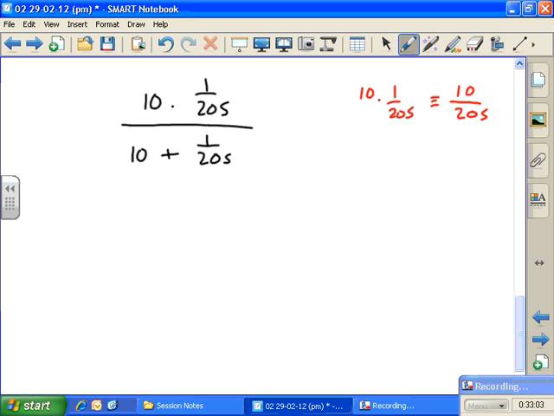So we're using that idea first of all, which means we can write this as 1 over 2s over 10 plus 1 over 20s.